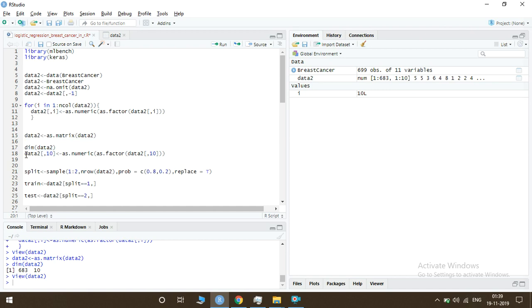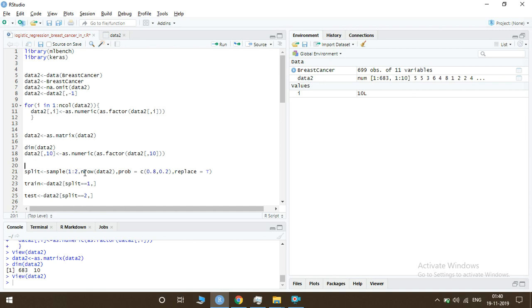Now what we have to do is split our data frame into two parts, that is the training and the testing data set. For this we would use the sample command, wherein we have to specify the number of partitions we want.